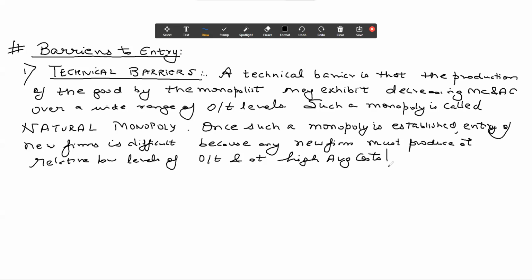So you can all think about the best example of natural monopoly we have in our economy, called Indian Railways. Indian Railways is a perfect example of natural monopoly. Initially, the costs are very high: the costs of building engines, the costs of laying down the tracks between various states.